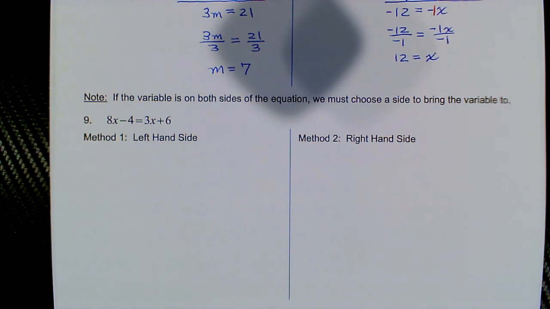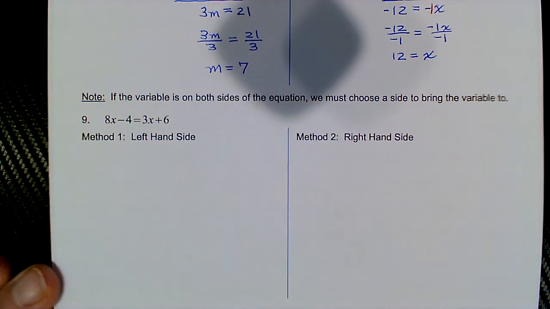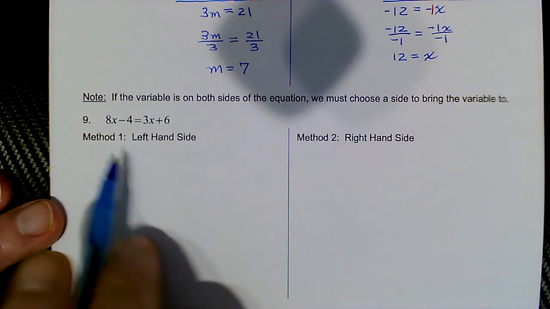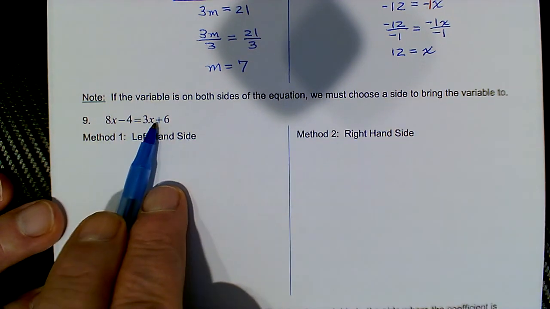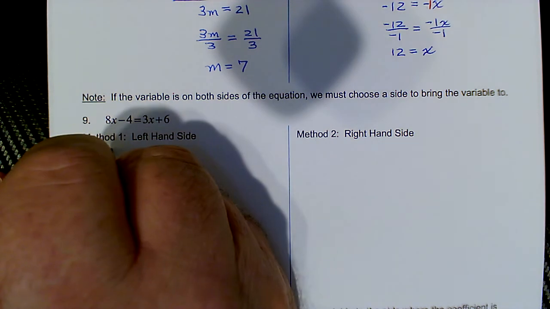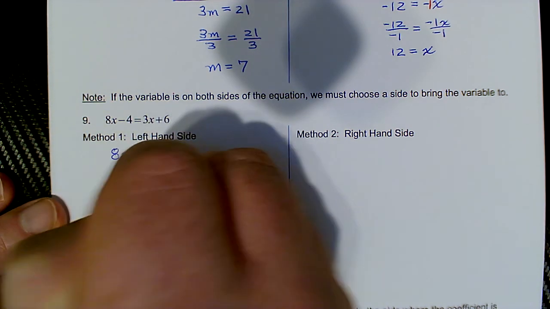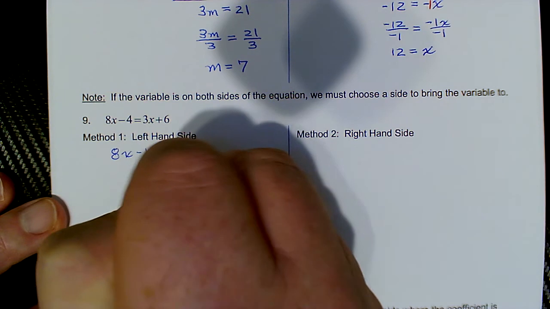You will get the same answer, but we're going to notice something about this situation. So here's an example where we notice the variables on both sides. So let me recopy. 8x minus 4 equals 3x plus 6.